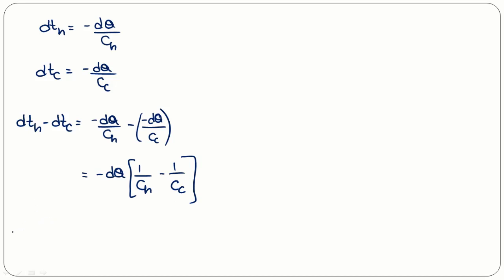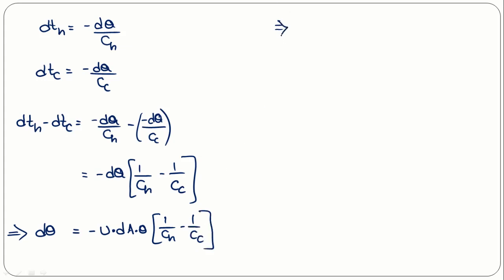Now, dTH minus dTc can be written as d theta. This will be equal to, instead of this dQ, let us write it as minus U dA into theta multiplied by 1 by CH minus 1 by Cc. Taking theta to the left hand side, this becomes d theta by theta is equal to minus U into dA into 1 by CH minus 1 by Cc.